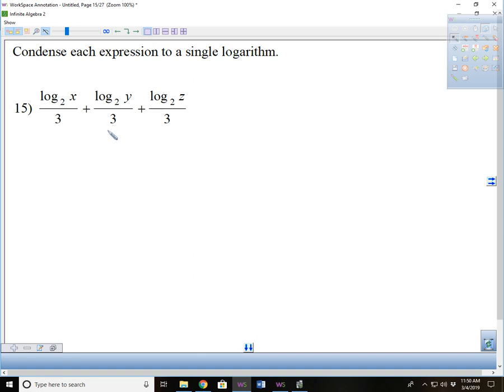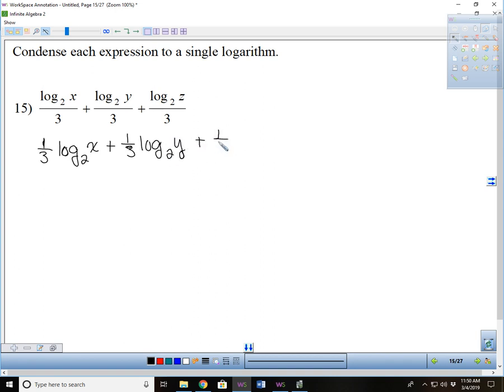Okay, so this one, I actually find this interesting because all three of them are being divided by 3. Technically, you could do each one separately, which is probably what you would do, so I'll do it that way. So I've got that, and then another multiply by 1/3, and then another multiply by 1/3.